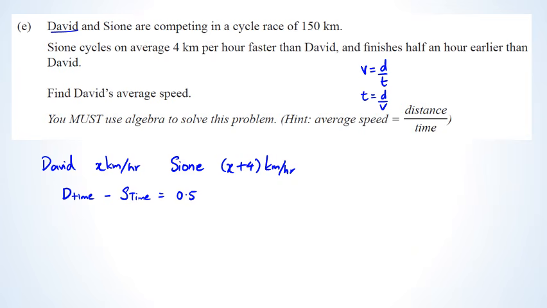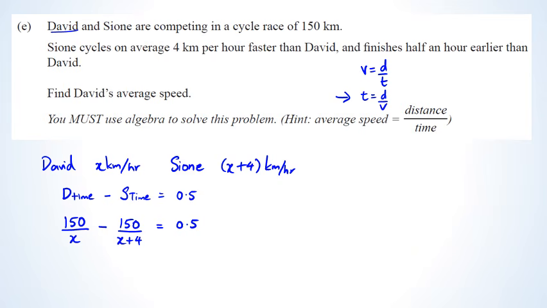But for David's time, what we do know is the distance he travels is 150, and the speed he goes at is x. And I guess that's why I wanted you guys to see that time is equal to distance over velocity. Minus, Sione still travels 150 Ks as well, but the speed he travels at is x plus 4. And now this is equal to 0.5.